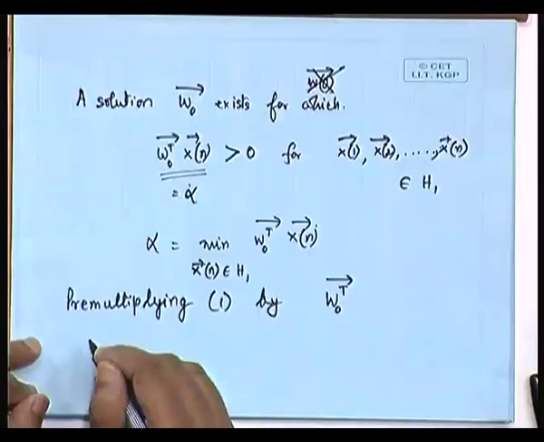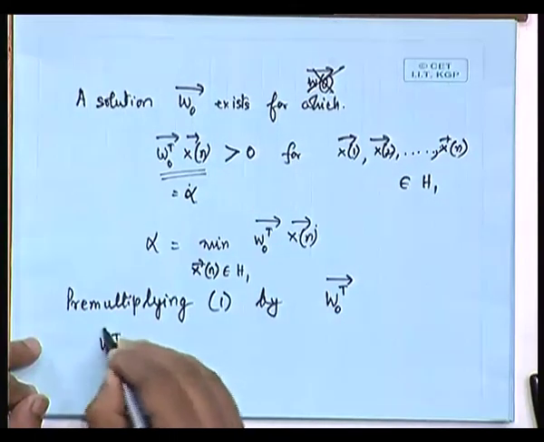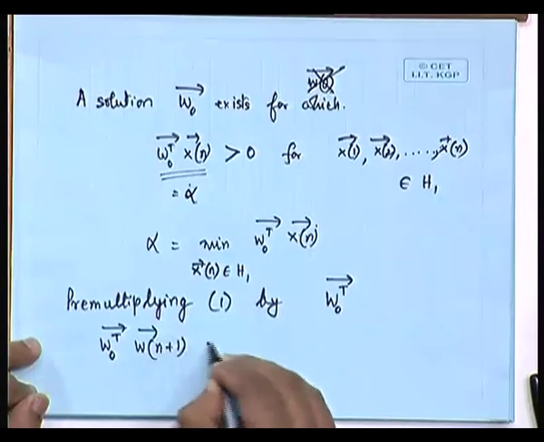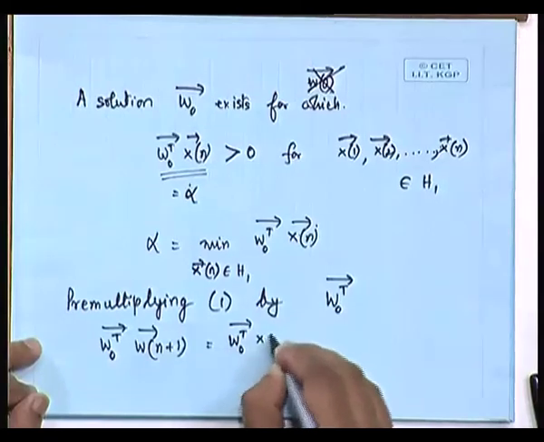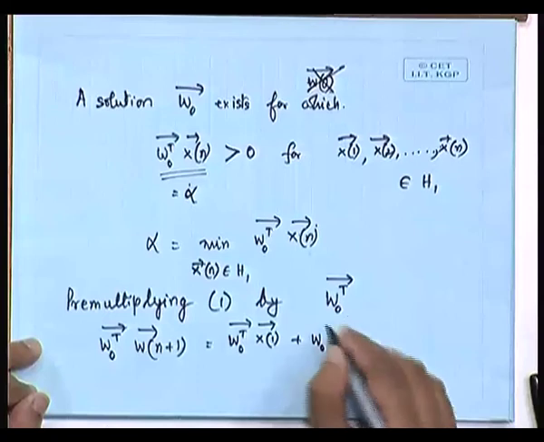So, multiplying both sides of the equation by W0 transpose, I am just expanding the step.